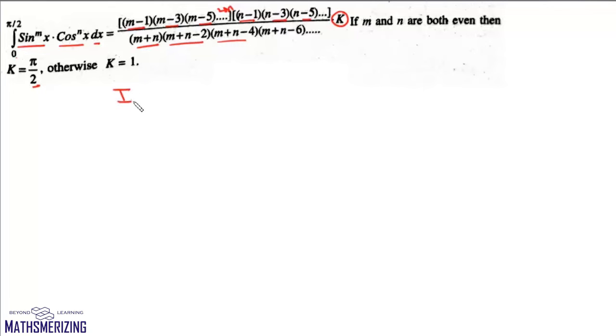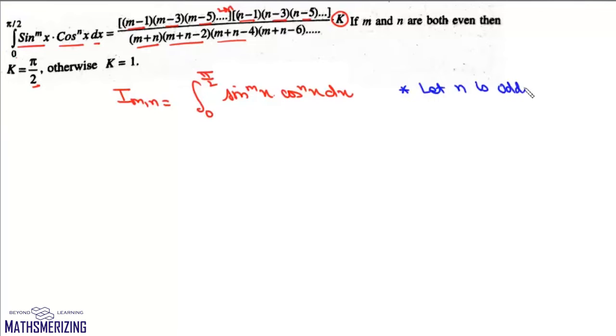Now say this is Imn, and it is given by integral 0 to pi by 2 sine to the power m x into cos to the power n x dx. Now let us consider a case where at least one of them is odd. Say n is odd.